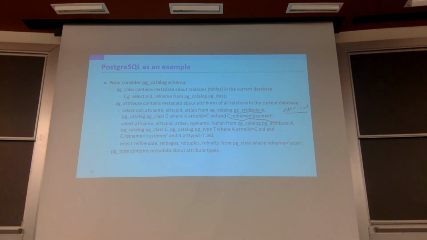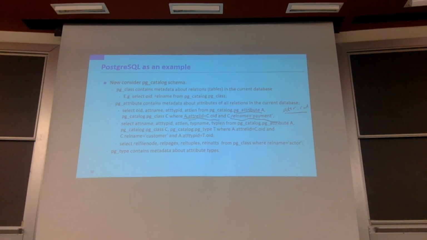It does not actually have a relation name. Instead, you join it with the actual table using an object ID, OID. Basically, everything in Postgres will have an object ID. Actually, not unique, because columns are each assigned an OID, but not each value of your tables. But each table will have a different OID.